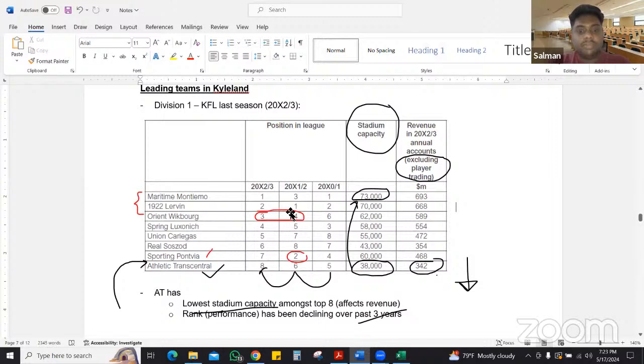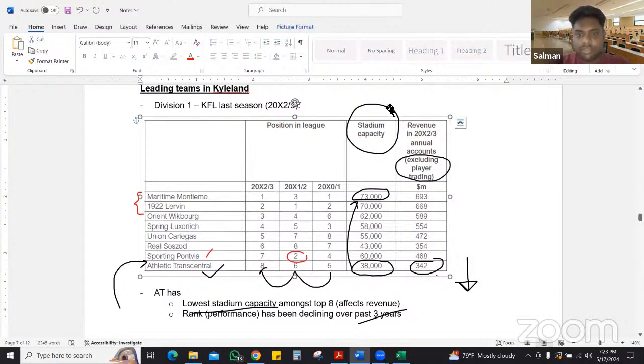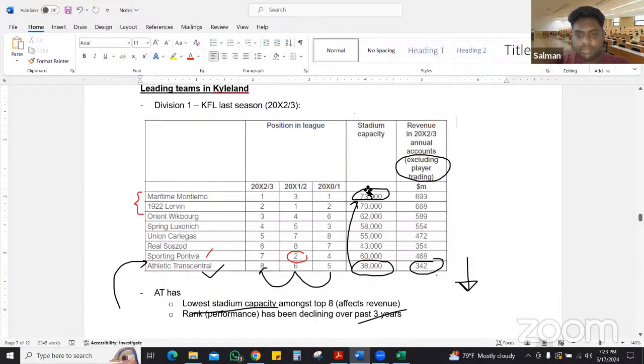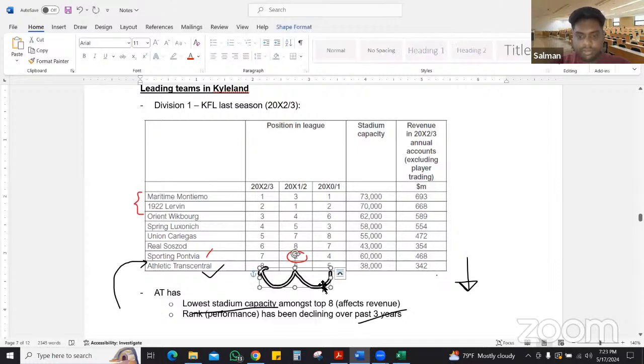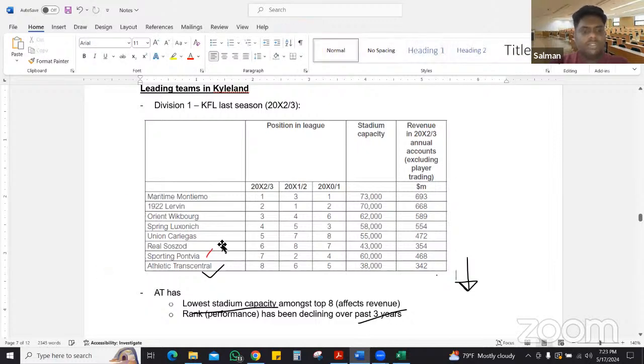Get rid of these marks. So this is a screenshot of the case.